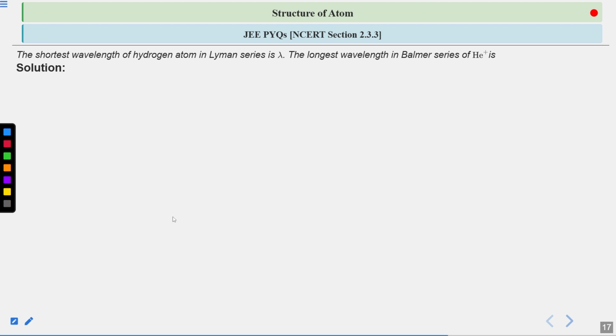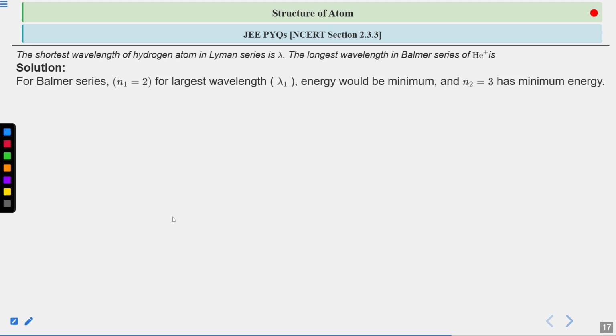Now what is our next part? Now we are interested in the longest wavelength. Longest wavelength means shortest energy. Now for Balmer, the ending point, or you would say the shell where the electron comes, is 2, the second shell.